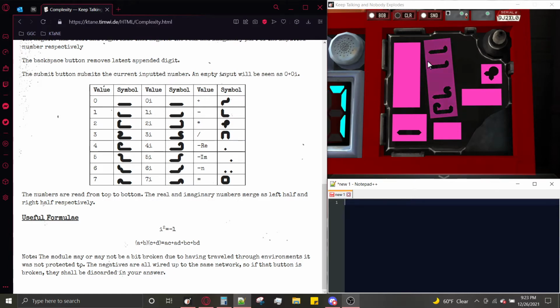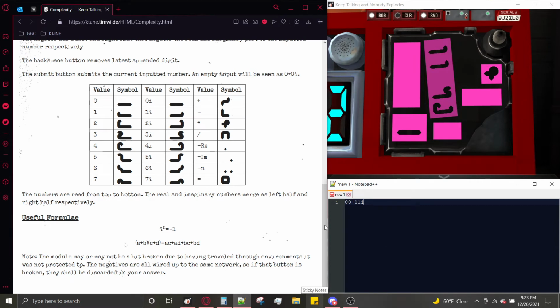For this top number here, this is the first digit of the real number, and this is the second digit of the real number. These are both zeros, so it's going to be 0, 0. We're also going to put a plus sign in between both ends of our number. The right side is 1 and 1, i.